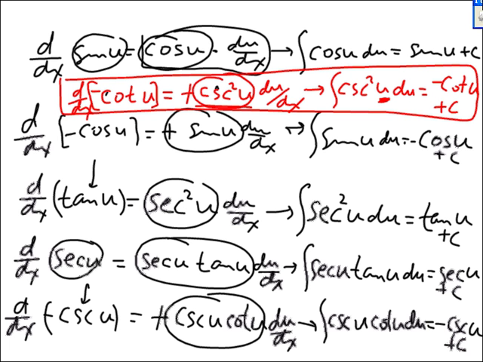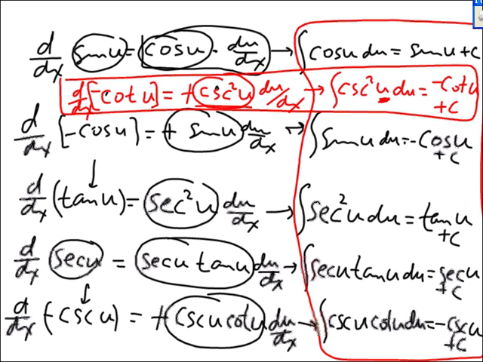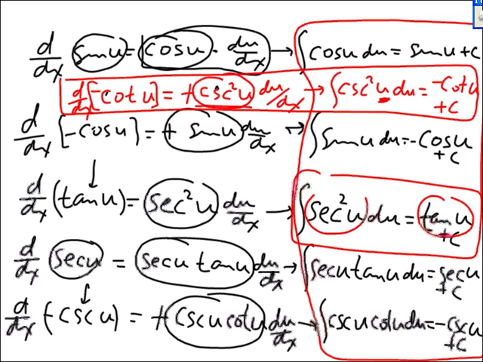You must know, for at least this section, this right here. You also need to know the left-hand side as well. In fact, if you just memorize one of them, you can easily get the other one. For example, just looking right here, I know that the derivative of tangent of u equals that. The derivative of secant u equals this.